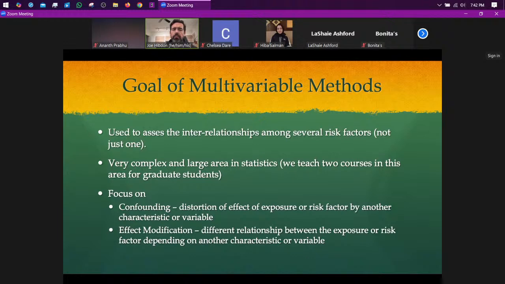And then effect modification. So the relationship between the exposure or risk factor will depend on another characteristic or variable. Effect modification basically is we're moving along from smoking to cancer and we change something. How will that affect what's going on?